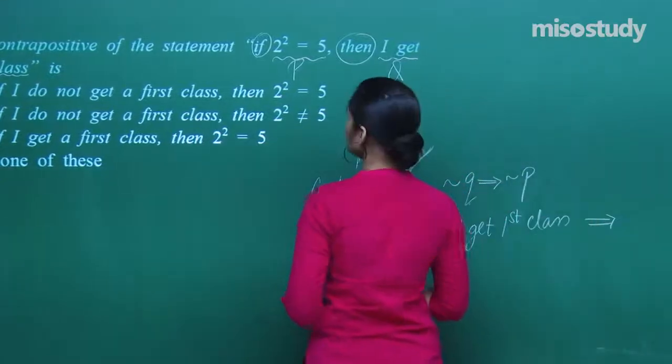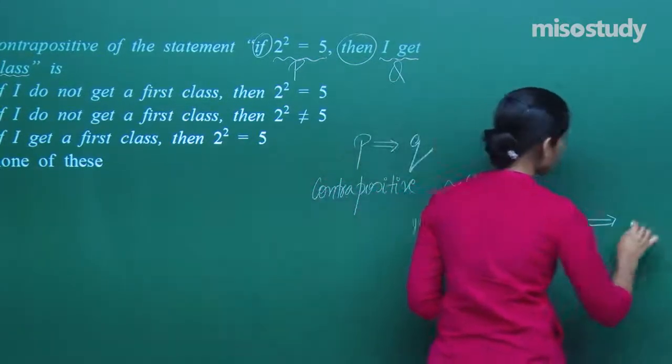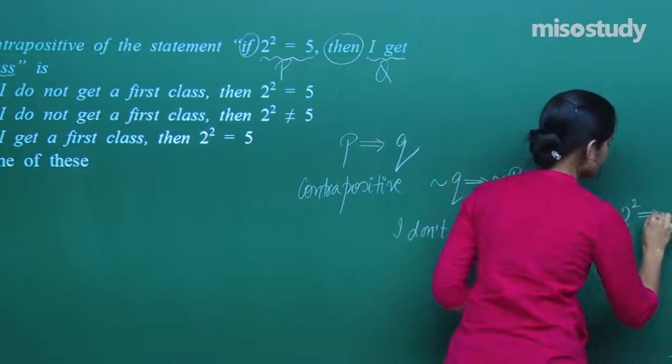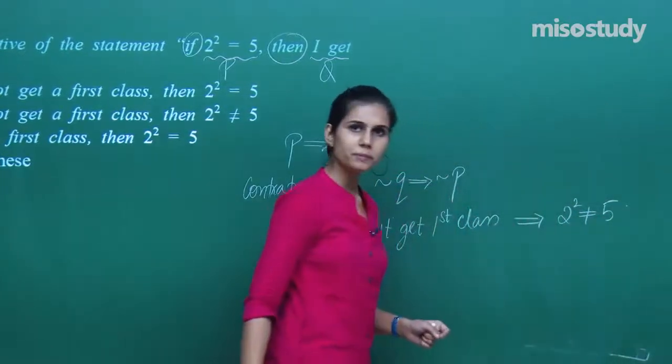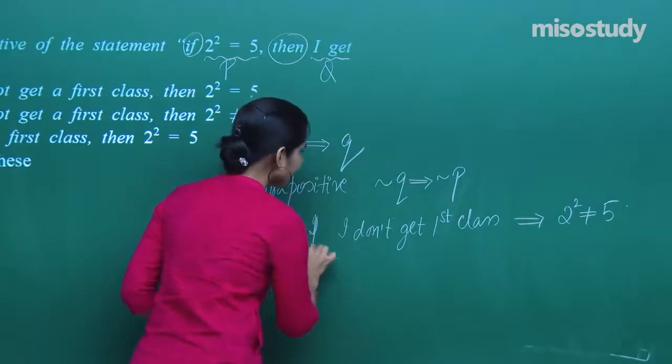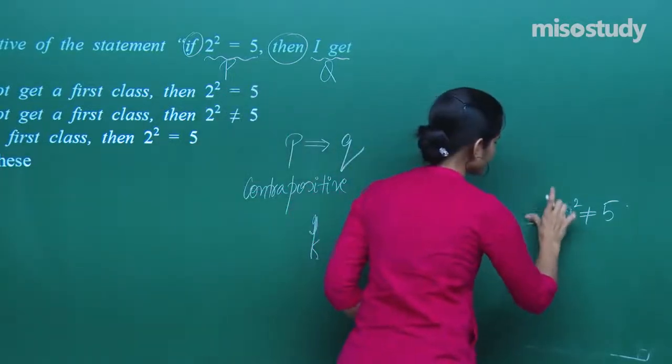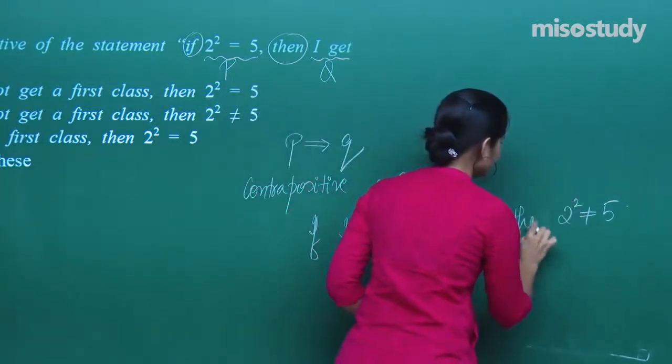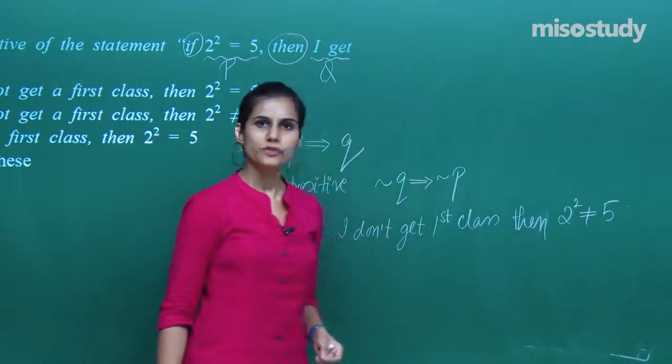Implies not P. P is 2 square equals 5, so 2 square is not equal to 5 is not P. This means if I don't get first class, then 2 square is not equal to 5.